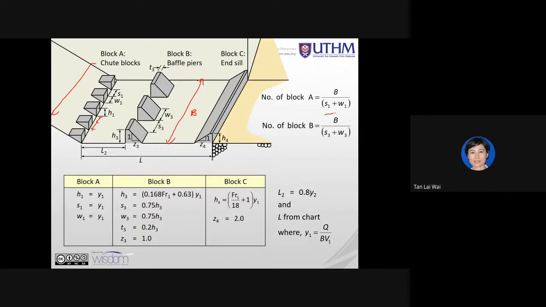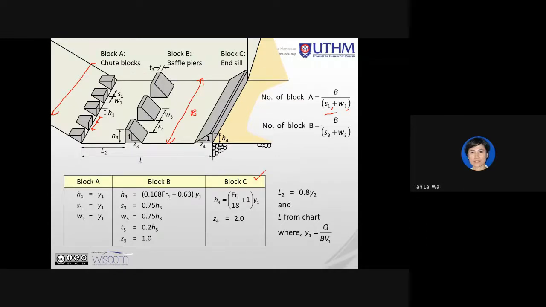That's why I'm using S1 and W1. For the number of block B, it is B divided by S3 plus W3. So you can get the number of blocks as well. We will give this table to you in your exam.